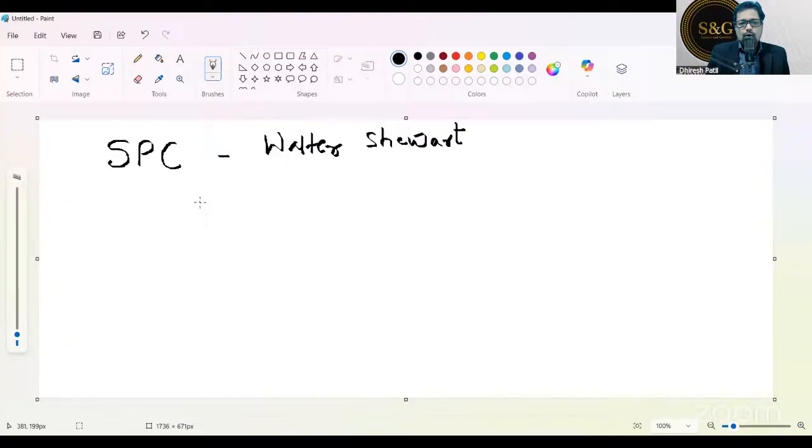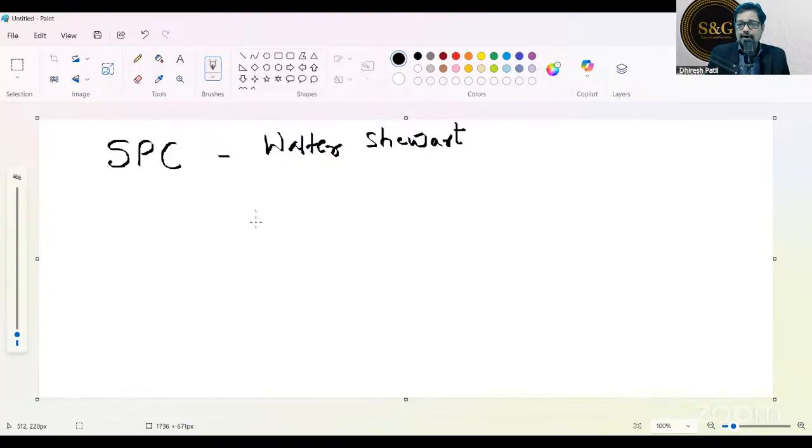Now, Walter Shewhart did research and development on a lot of data and a lot of processes, and he put forth his findings in front of the statisticians, scientists and engineers community.